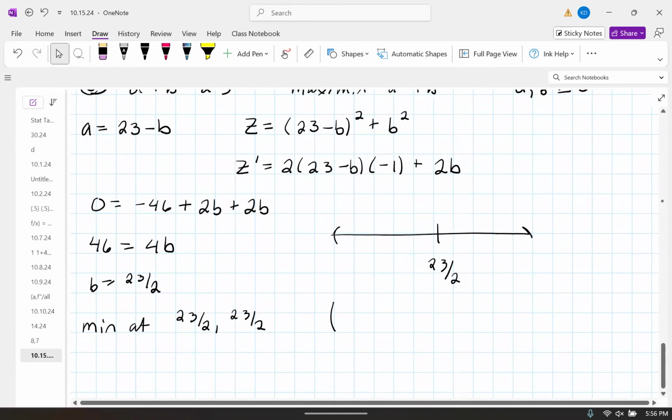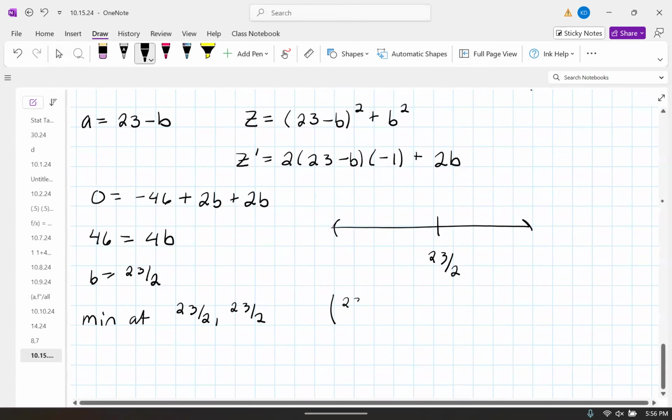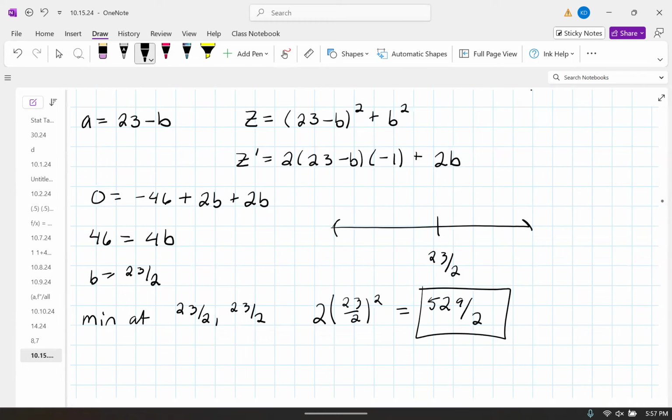So that means 23 over 2 squared, two of them really, is 529 over 2. That's our minimum value we can get for the squares.